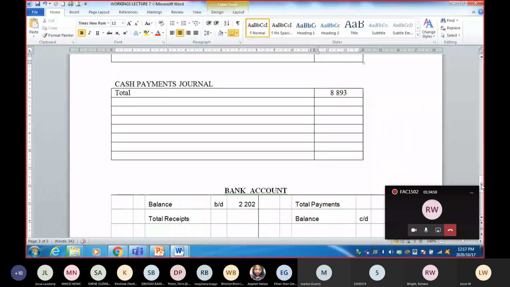That is a check for 84 Rand. The amount for 142, the unpaid check, is on our bank statement, but check number 829 is also not there. So in the cash payments journal, we have now identified that check number 827 and check number 829 are not there, and that we have actually encountered an error.